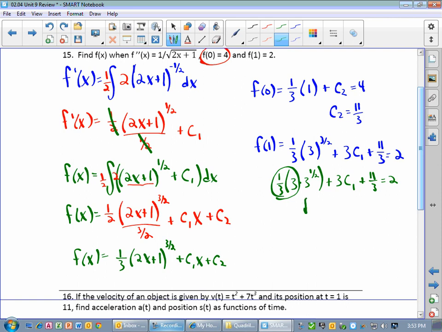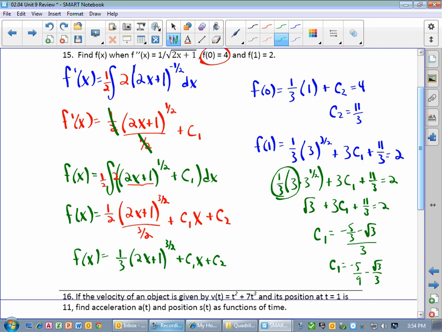And so I know I've got the square root of 3 plus 3c1 plus 11/3 equals 2. So solving for c1, I get 2 minus 11/3, which would be negative 2 is like 6/3, so negative 5/3. And I subtract the square root of 3, and I divide by 3. And so c1 is equal to negative 5/9 minus square root of 3 over 3.